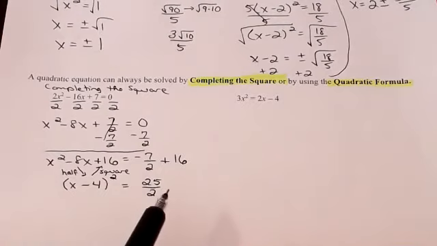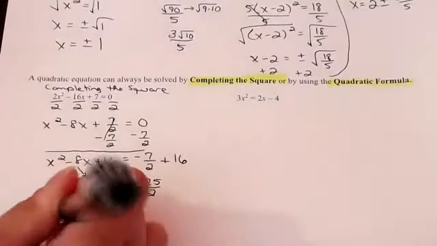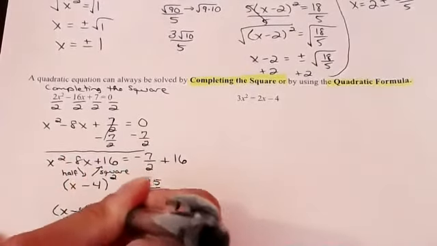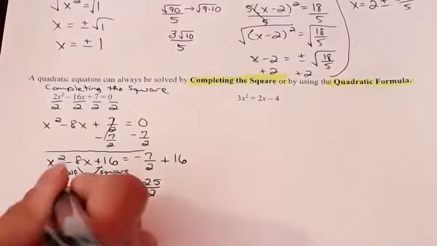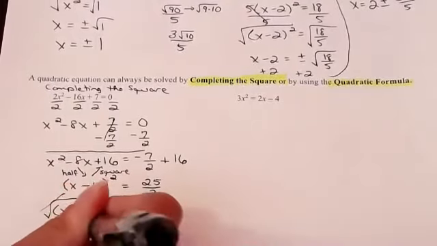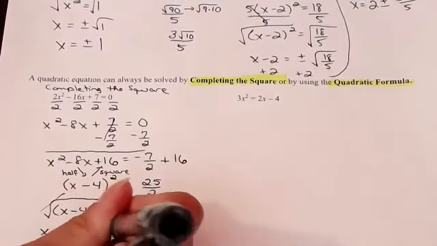the square root property. So I'm going to take the square root of both sides, but let me rewrite this so that it's not messy. I'm going to take the square root of both sides. Those cancel, leaves me with x minus 4 is equal to positive or negative square root of 25 over square root of 2. Square root of 25 is 5.